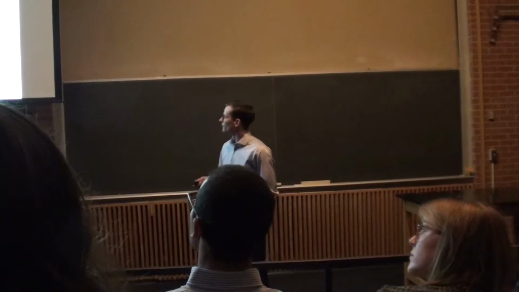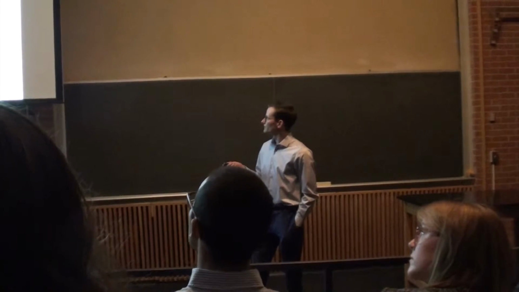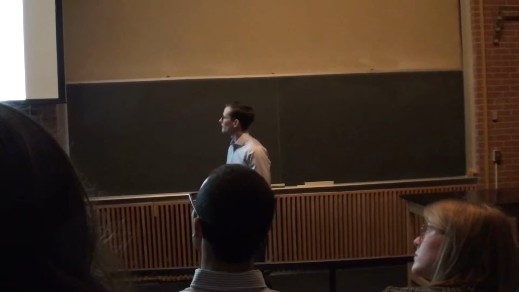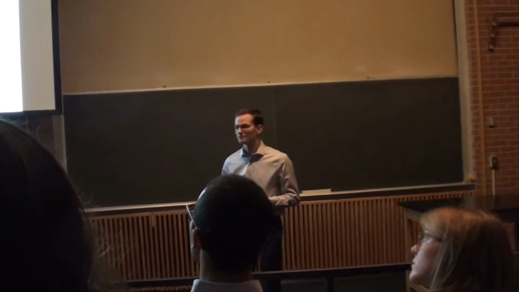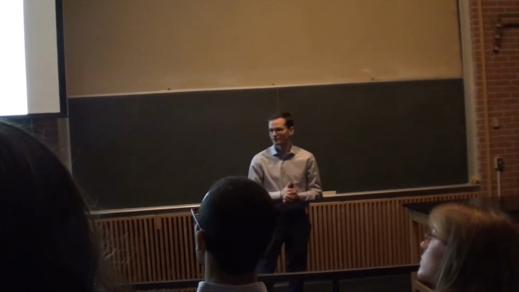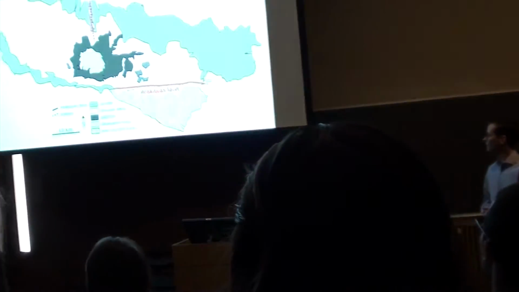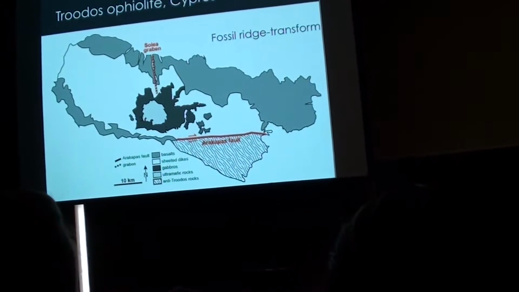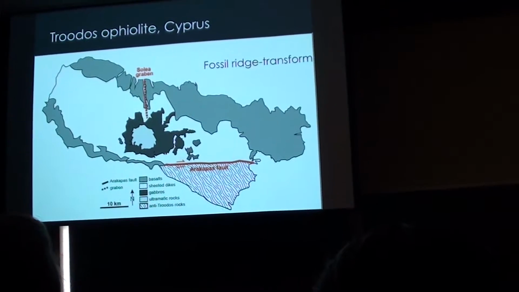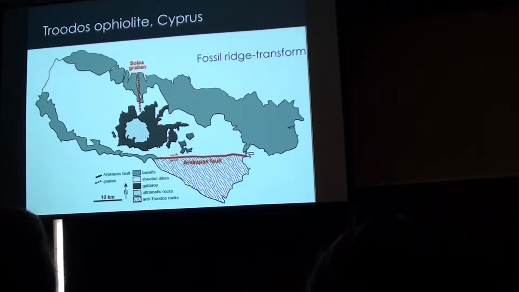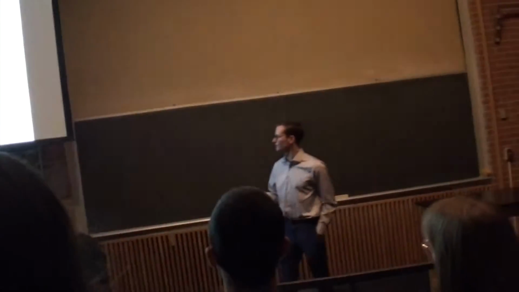It also has two interesting features, the Sylvia Graben and the Arakapis fault, which are thought to be a fossil ridge and a fossil transform, which makes the whole ophiolite a fossil ridge transform intersection that we can study to see what the conditions were in the past.